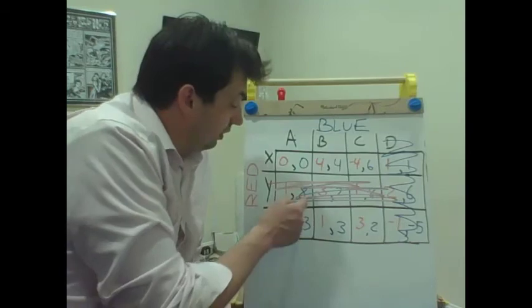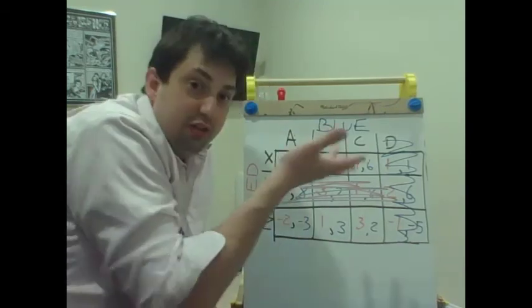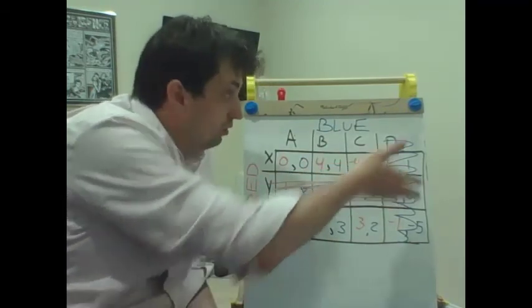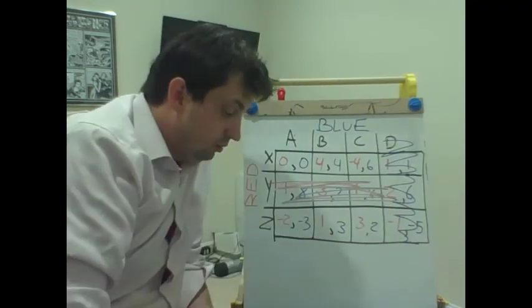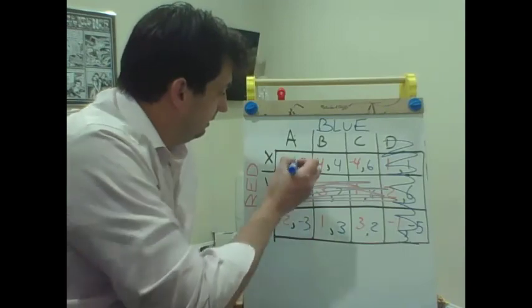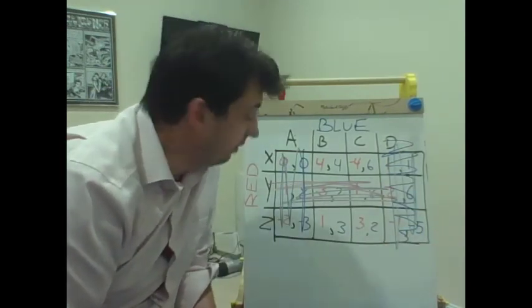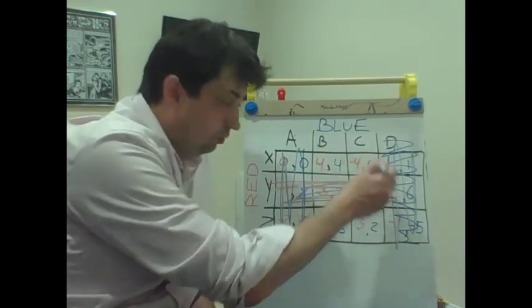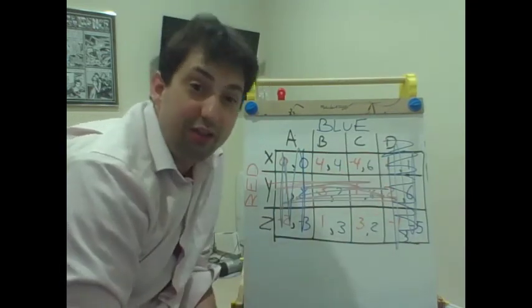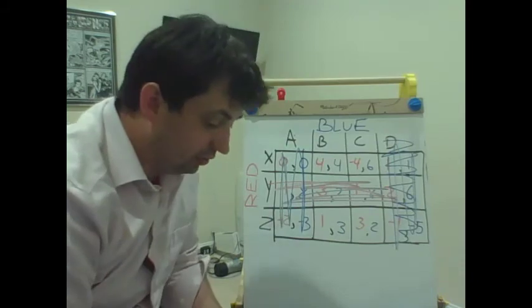The only reason A existed was in case red did Y, and red's never going to do Y because red knows that blue will never do D. So we can cross off A. So now we only have 4 options left: this one, this one, this one, and this one. We've drastically simplified the analysis.